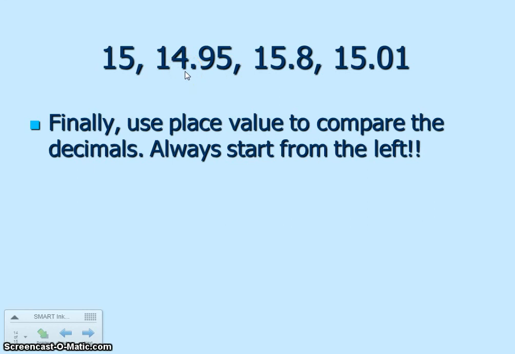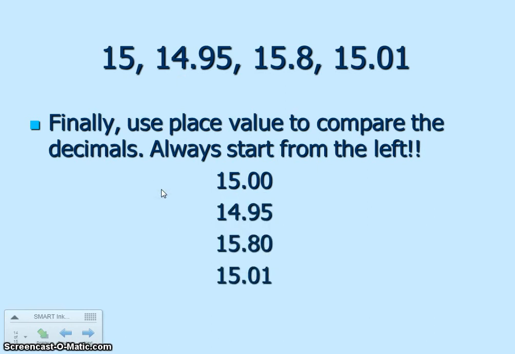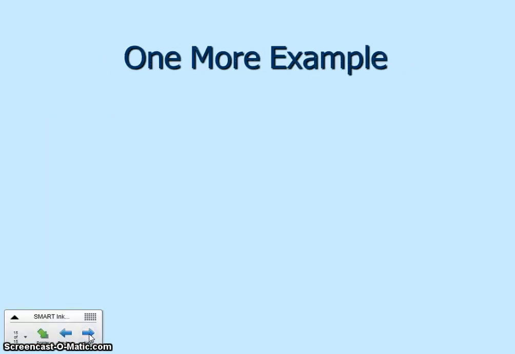So I bet this number is going to go first. So we line them up again, and that 14.95, when we order them, it's probably going to be the first number. 15 would come next, 15.01, and then 15.8. Those would be the 4 numbers in order from least to greatest.